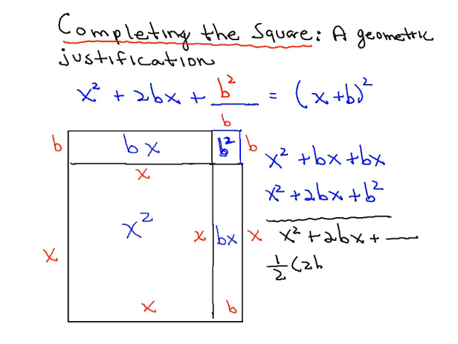In this case it would be 1/2 of 2b, which simplifies to b. And then we square that result, and that's what we add to complete the square. That will then factor into the square of a binomial, so in this case it would be x plus b, quantity squared. Now we'll reinforce this idea a bit later, but it's always important before you complete the square that the coefficient of the x squared term is 1.